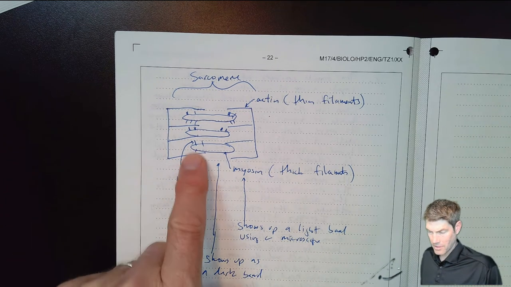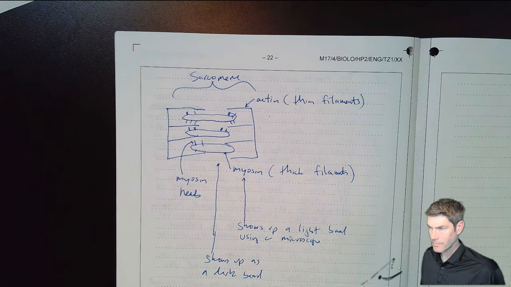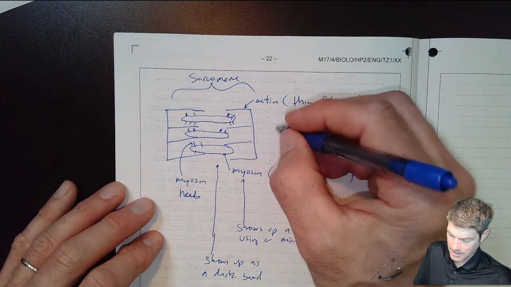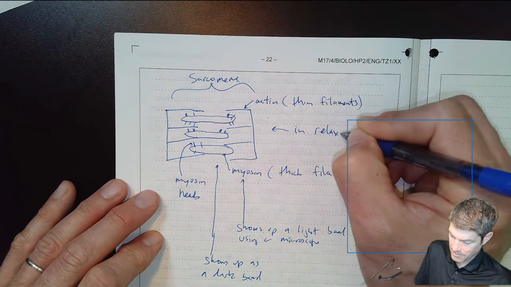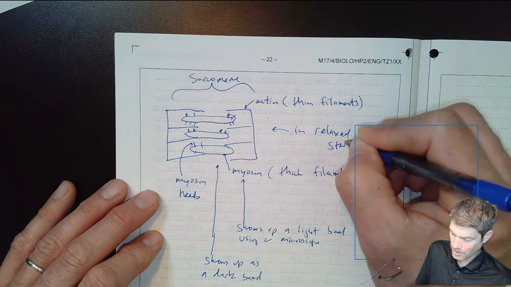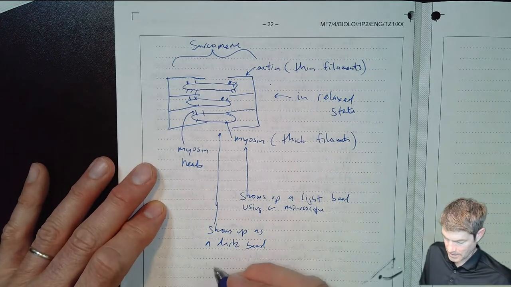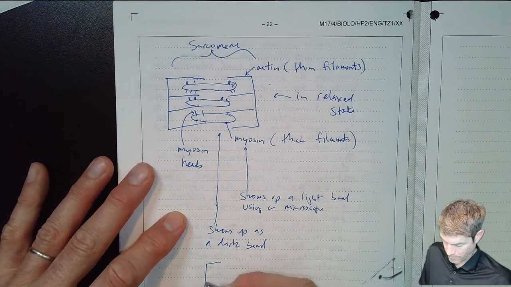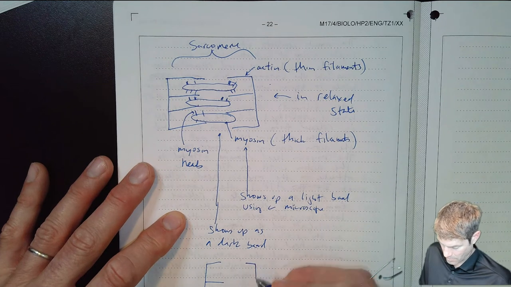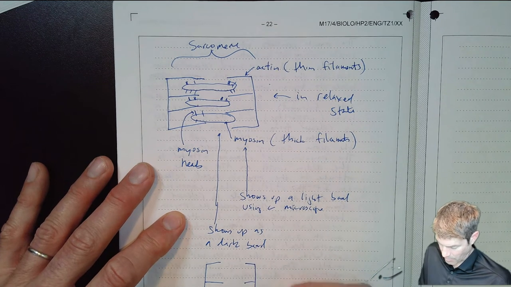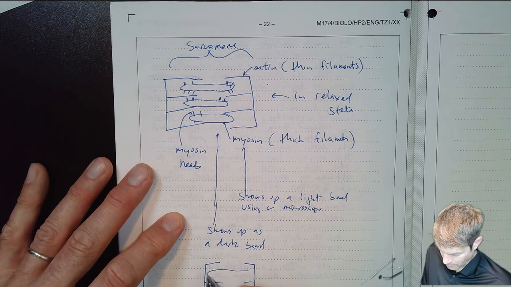Okay, the myosin heads I labeled. And this would probably be the relaxed state. Maybe you want to draw it in the contracted state. So you see my brackets are much closer together now, right?